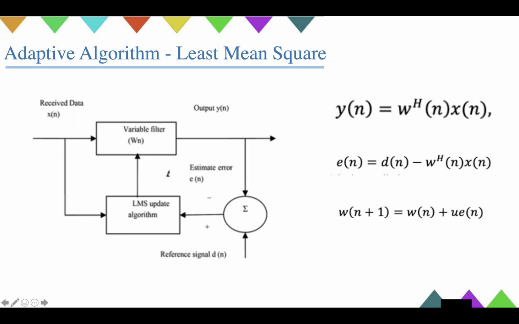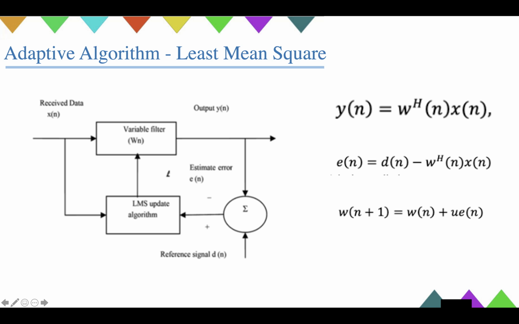First, the least mean squares algorithm. This picture shows the process of the LMS algorithm. The received data X here is the input signal that gets into the variable filter and gets a weight. The weight multiplied by the received data is the output. You can see that.